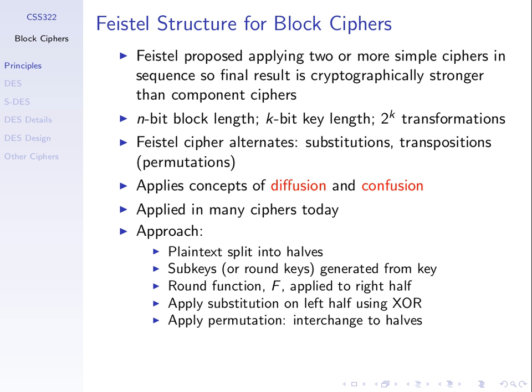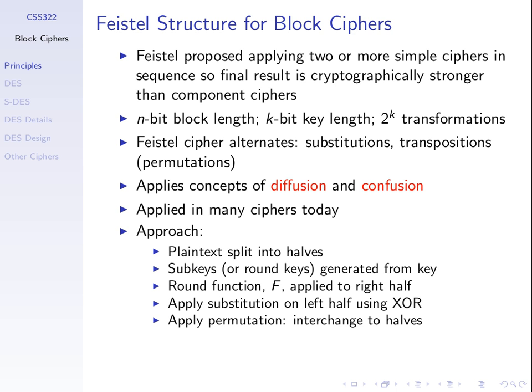As a result, with a k-bit key, we have 2 to the power of k transformations. So if we have a 4-bit key, there are 16 possible keys and therefore 16 possible transformations. The number of keys determines the number of transformations, and vice versa.